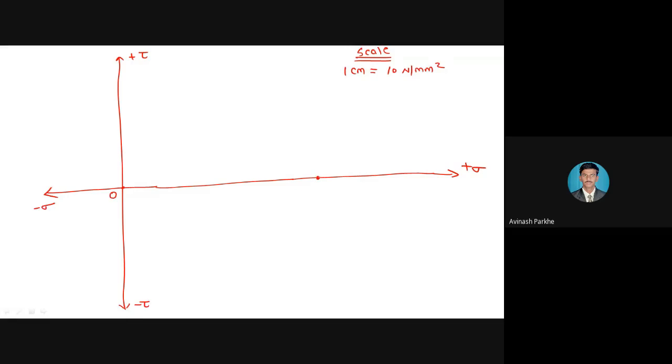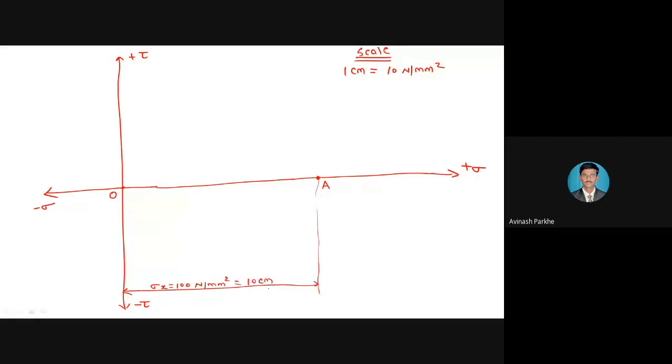From this particular origin point O, represent point A as 10 centimeter. Sigma x is equal to 100 Newton per mm square is equal to 10 centimeter. So the first point is point A, which represents the position of sigma x from origin point O.